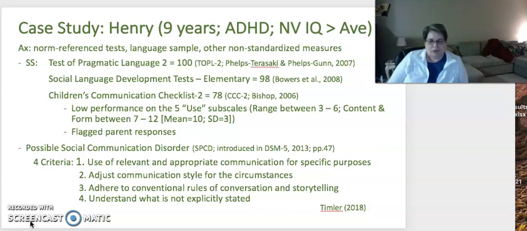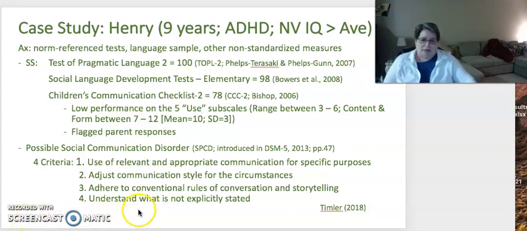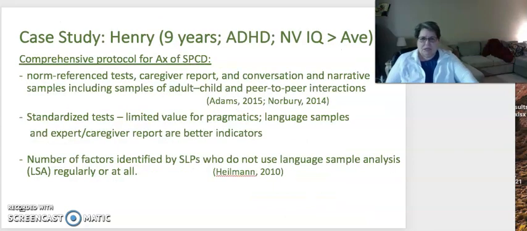So the issue raised here is that for Henry, standardized tests alone would be misleading. And parent concerns, which in this case recognized that Henry had some challenges. And so the authors of this particular study created a comprehensive protocol for assessment of social and pragmatic communication disorder.